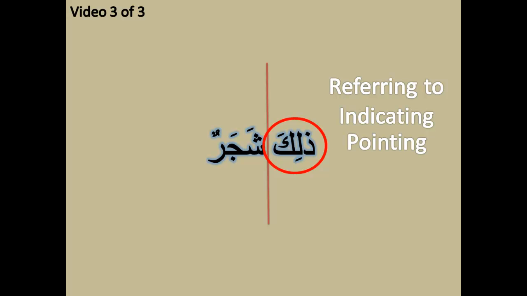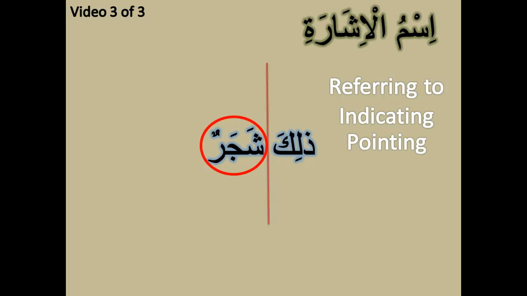So dhalika is known as Ismul Ishaarah grammatically. Then we have the subject, object, or item you are pointing towards. Any object, whether it is animate or inanimate, whether it is masculine or feminine, the object is known as musharun ilay.